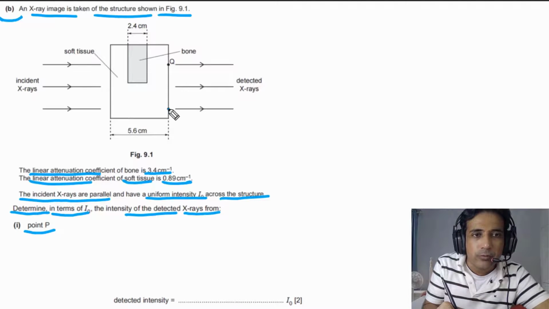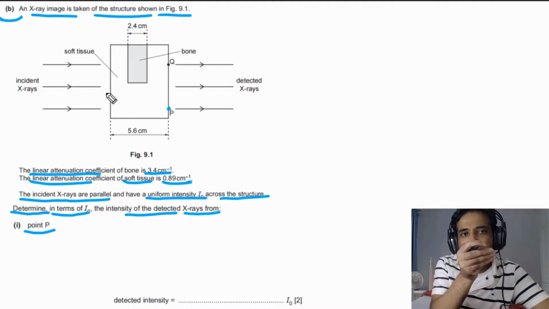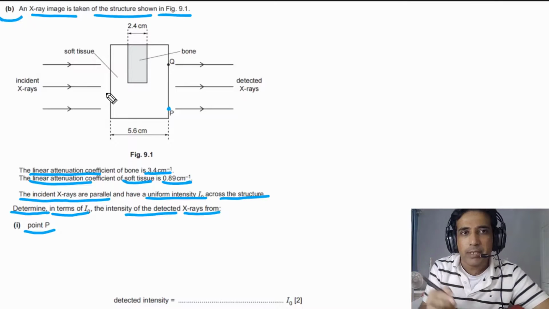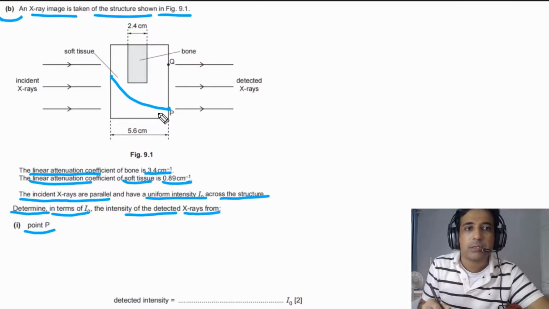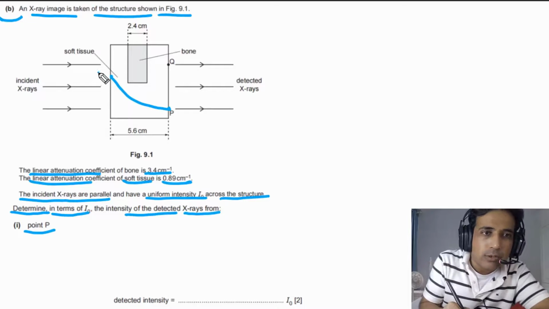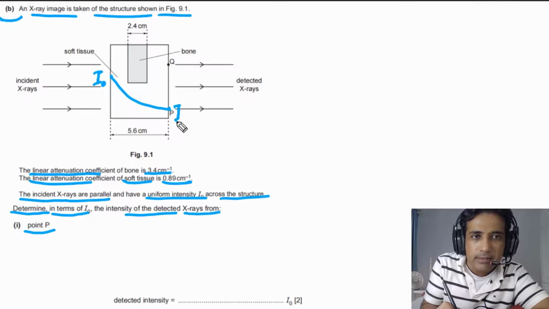So first of all, we need to find out the intensity of X-rays detected at this point. We need to understand when X-rays pass through the soft tissues, the intensity will decay exponentially. So we can simply draw here the intensity will decay exponentially, somewhat like this. So initial intensity is I0, and the intensity detected at this point, we can say this is I1.